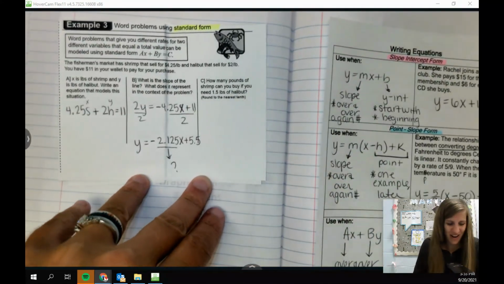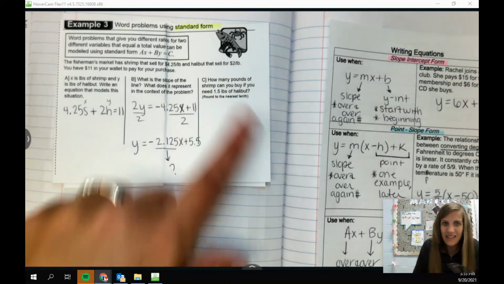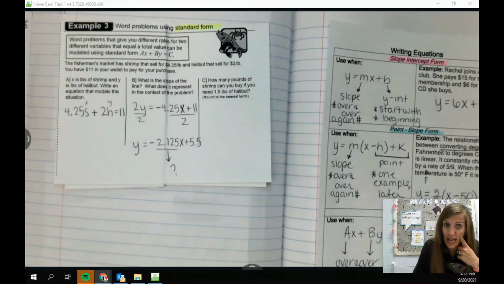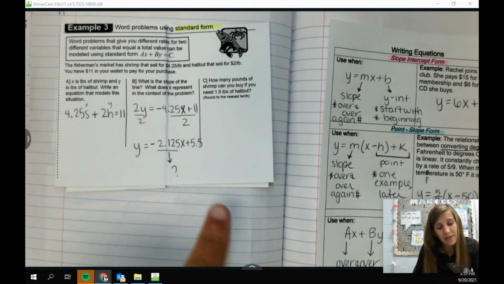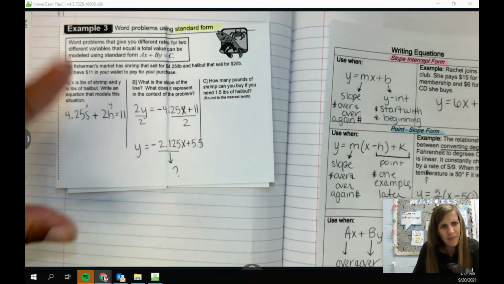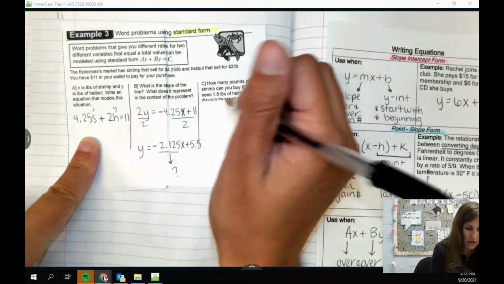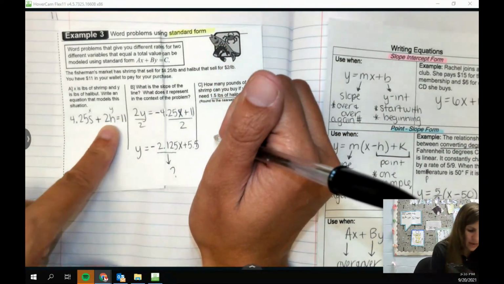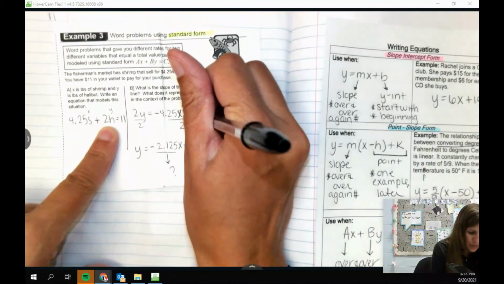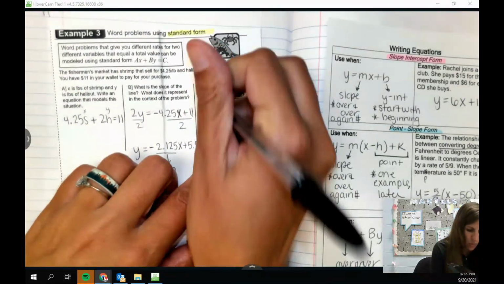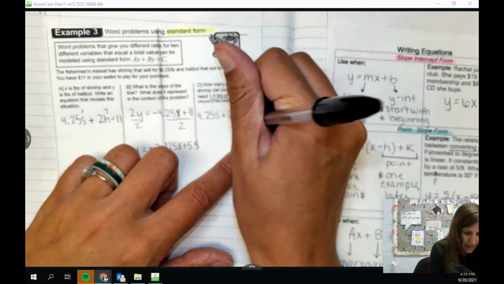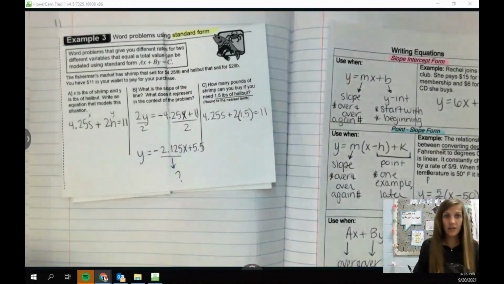It doesn't work anymore. So then part C, how many pounds of shrimp can you buy if you need to buy 1.5 pounds of halibut? So here's where I'm actually going to go back to our standard form because they're telling me I want this much halibut. So I'm going to put it in for H. So 4.25S plus 2 times 1.5 pounds of halibut equals $11.